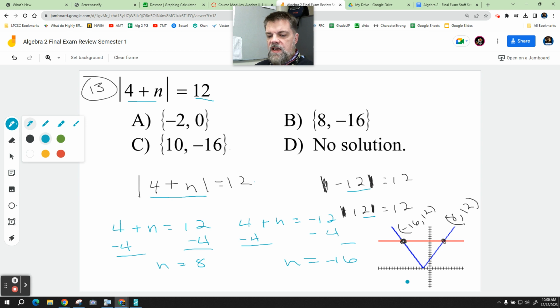And the blue line is the absolute value of 4 plus x. And then this one is just y equals y sub 2 equals 12. And that's it. That's how you find it.